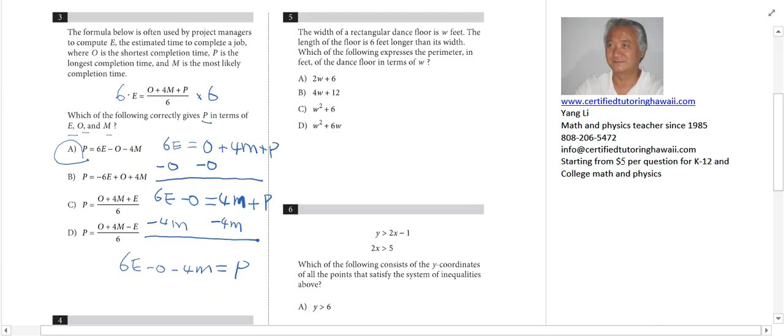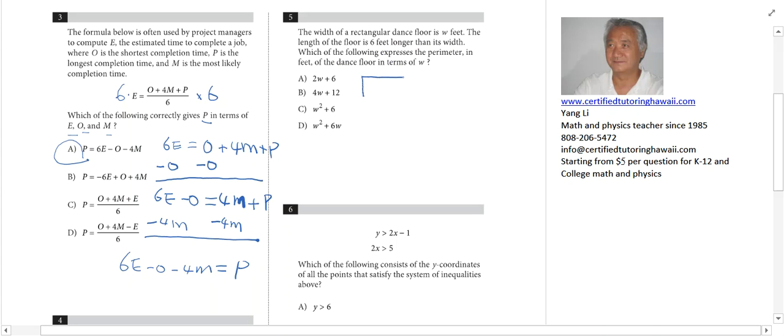So first we try to put the graph here first, okay? So we can illustrate this case. We have the width of the rectangular dance floor is W, and the length is 6 longer than the width.